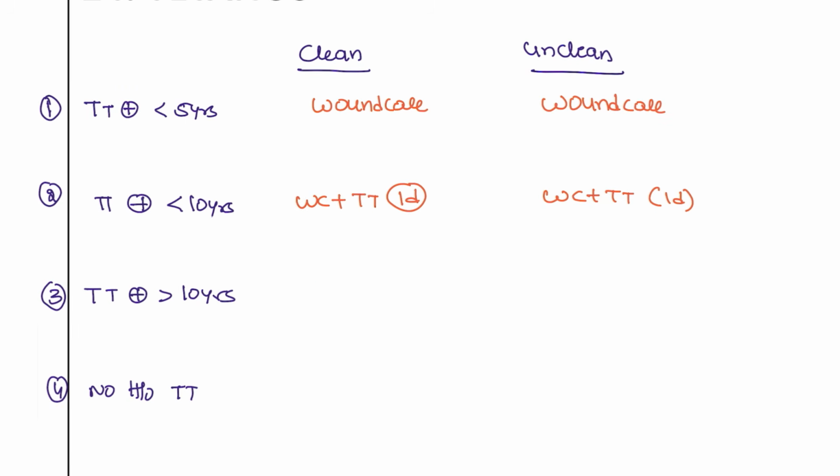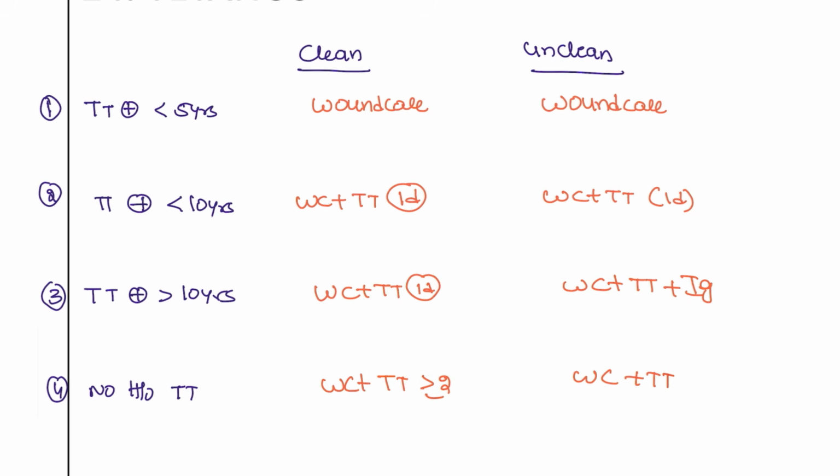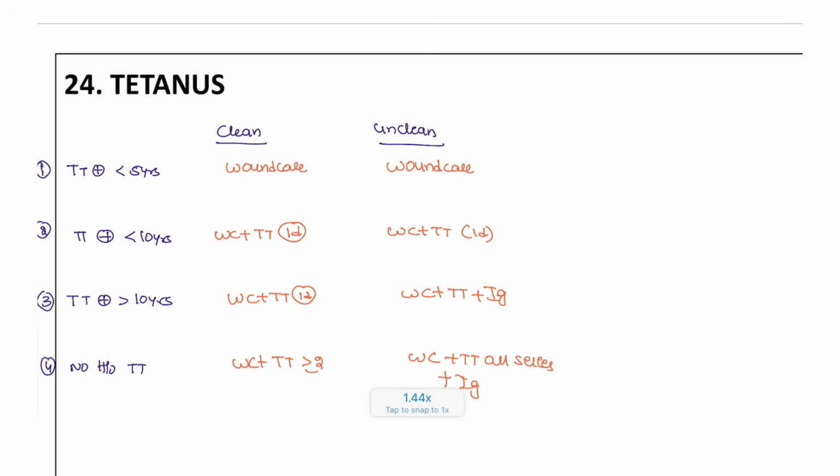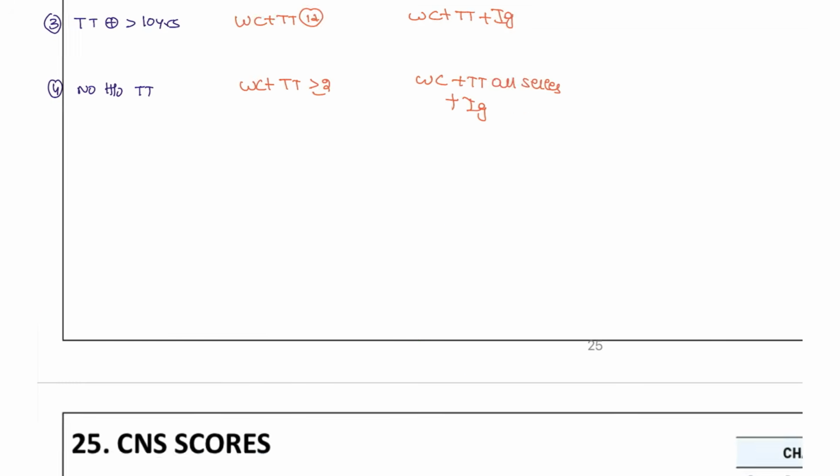And more than 10 years, wound care plus TT 1 dose, and wound care plus TT plus immunoglobulin is given for this patient. And no history, wound care plus TT more than 2 doses, wound care plus TT all series plus immunoglobulin is given for this patient. So this is how we are going to treat the tetanus.